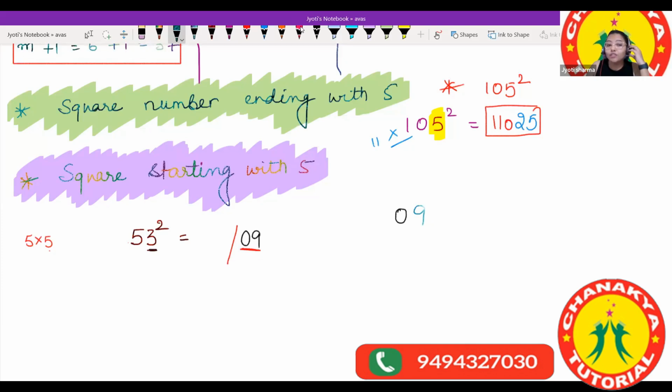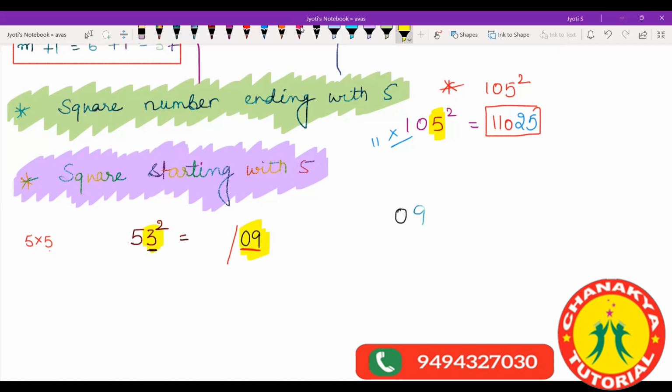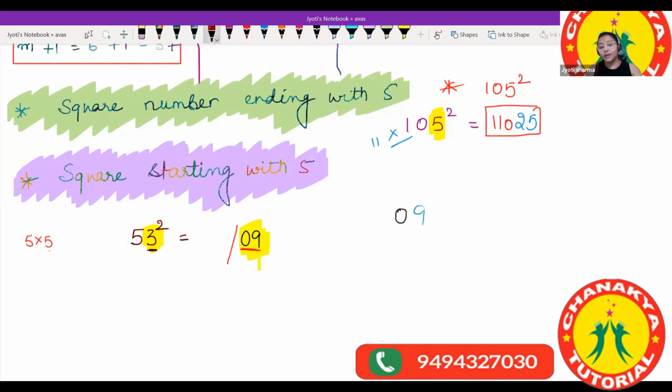The square of 3 is 09. Last, no. Unit place and tens place. Don't say last. Some kids start thinking this is last. So it would be great if we take ones and tens.